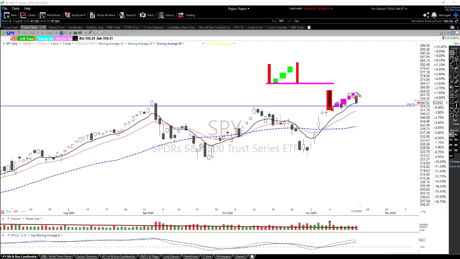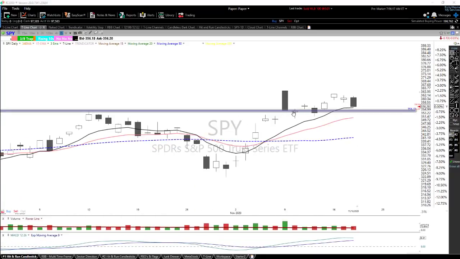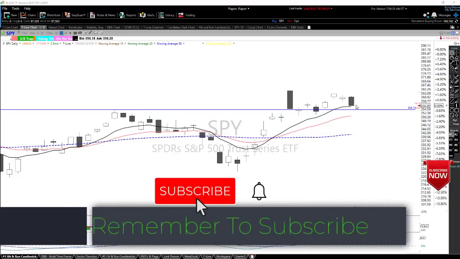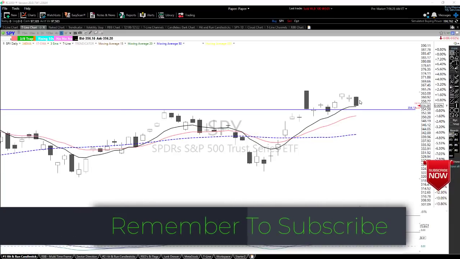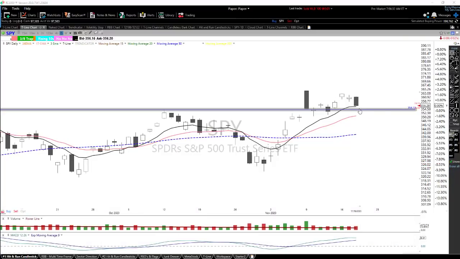And now look what's happening here. That's why I have this blue line right there. So if we close below 354, right in there, 354.10, 354.15, that sets this price action up for danger. So we want to be very, very careful here.